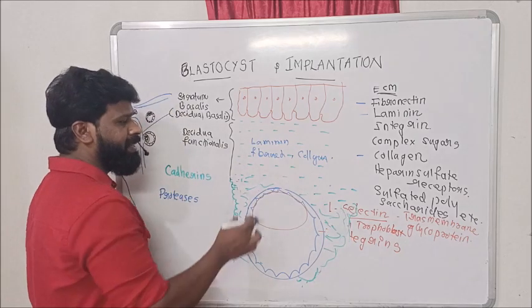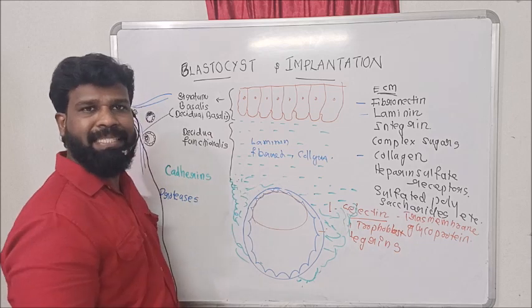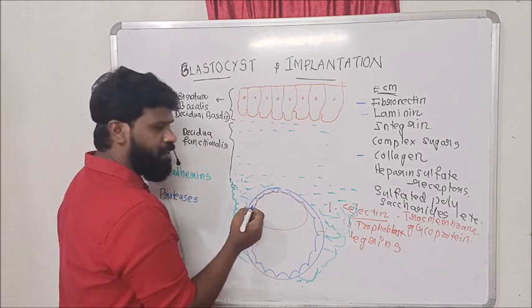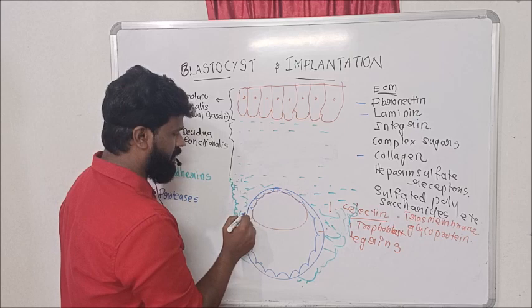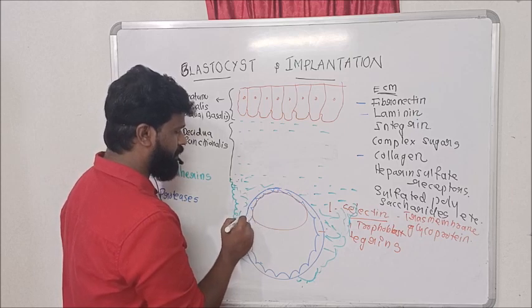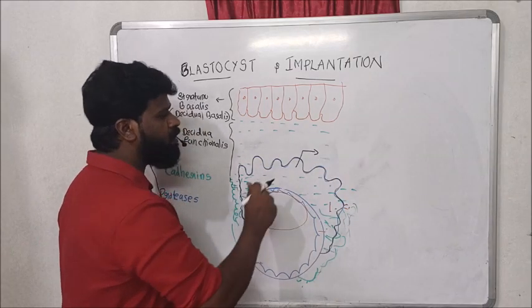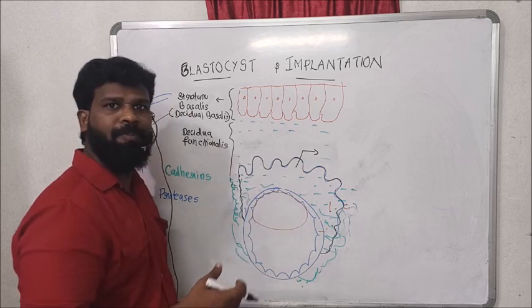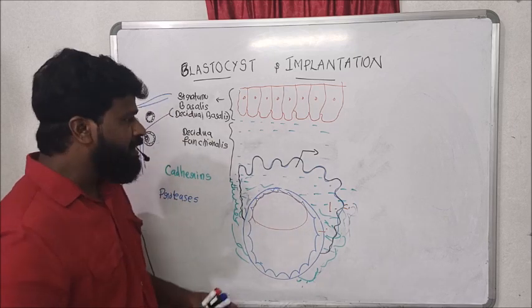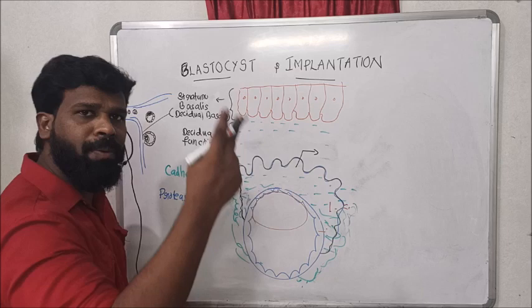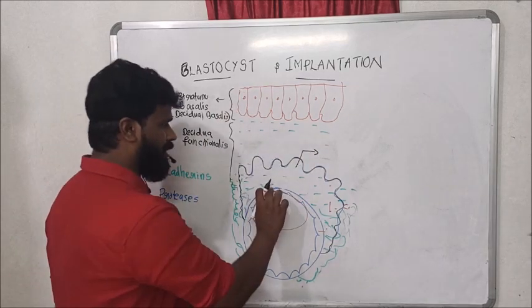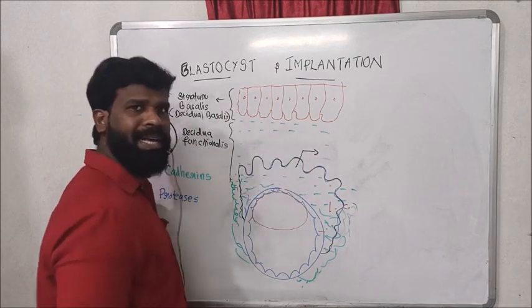After this binding, the cells of the trophoblast split. The trophoblast layer splits to form two layers.